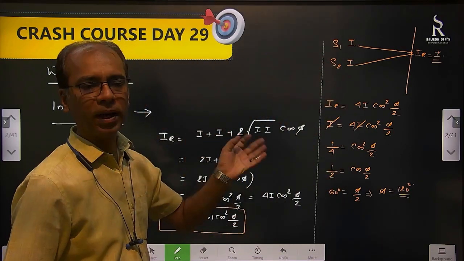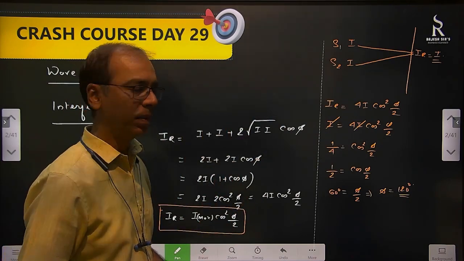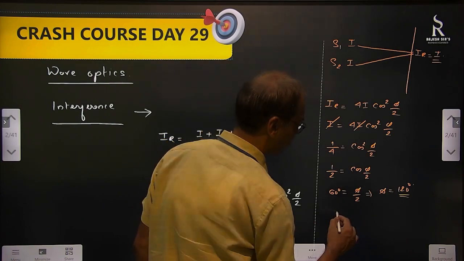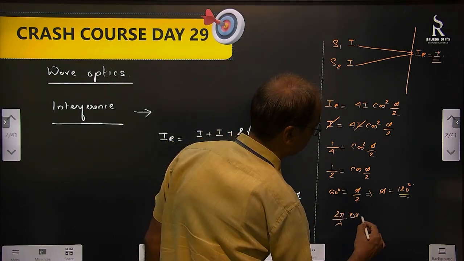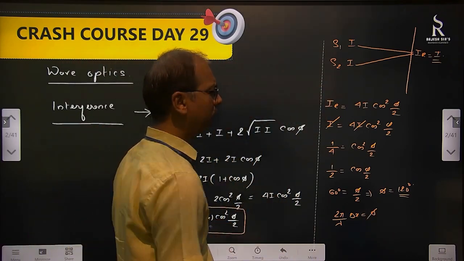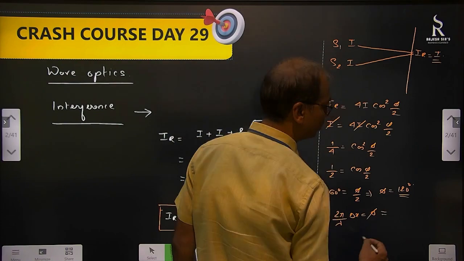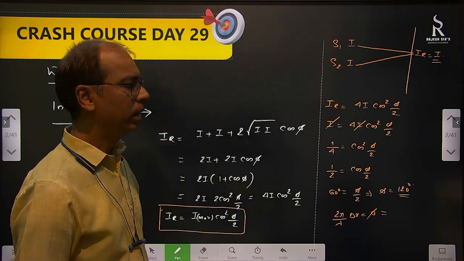Now you want the path difference. We know the relation between phase difference and path difference: phase difference is 2 pi by lambda into delta x, and that equals 120 degrees. 120 degrees in radians is 2 pi by 3.